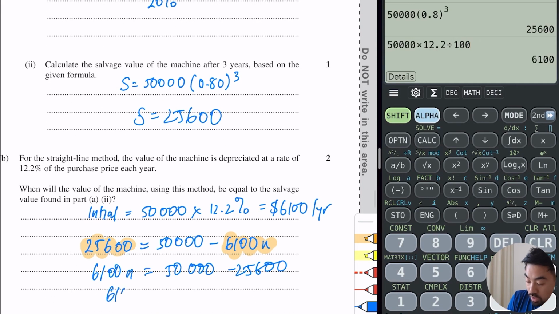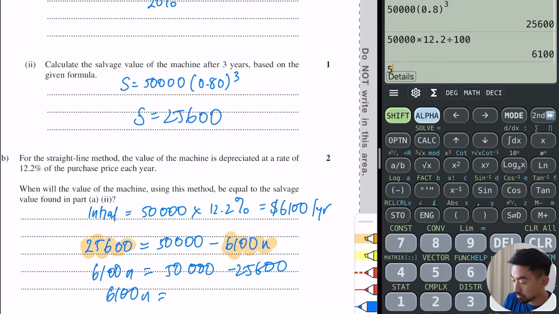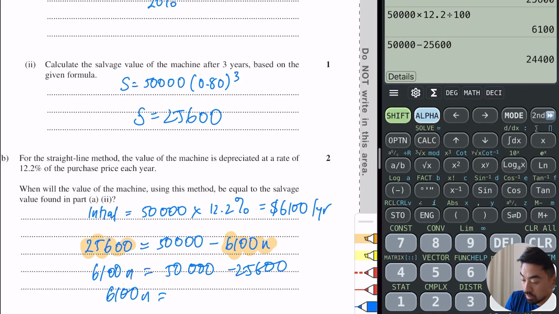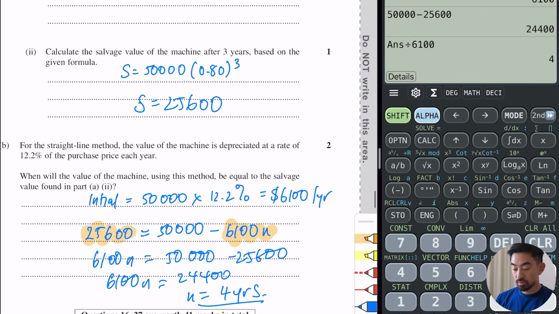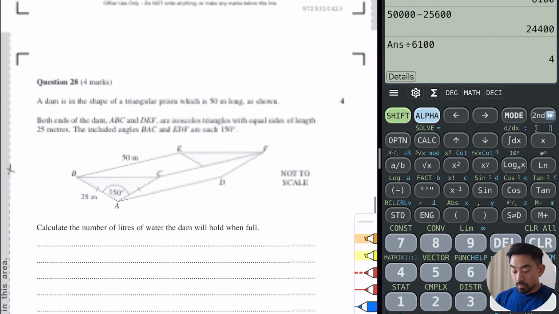So 6,100 n is equal to 50,000 minus 25,600. That's 24,400 divided by 6,100. So once again, n is equal to a nice round number of 4 years. Okay. Whew. Moving on.